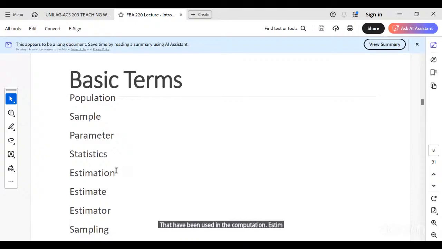Estimation is the exercise itself, the process by which you compute the value of the population parameter. The estimate is the value that you arrived at after implementing the process, while the estimator is the formula that you used in the computation.